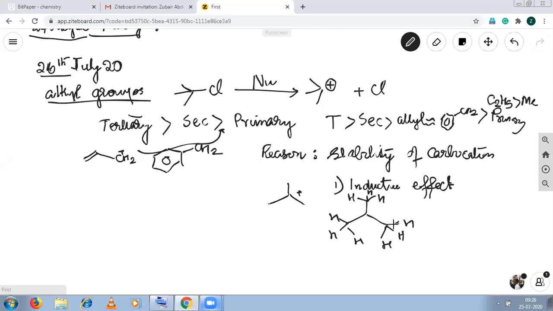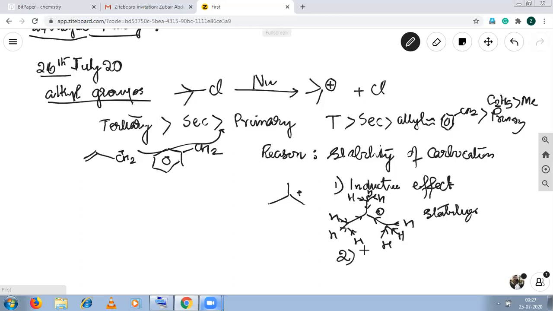Put the arrow like this. This is the inductive effect. Very clearly tells you. Any examiner will know whether the student knows the answer. Now you just write the word stabilizes. Over.